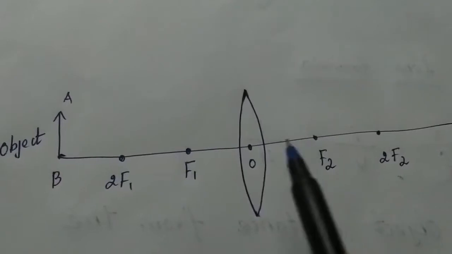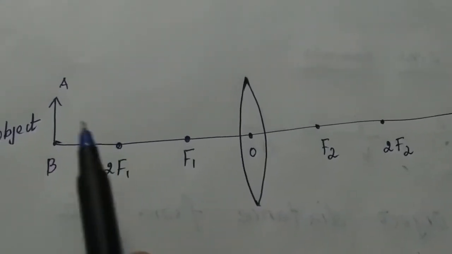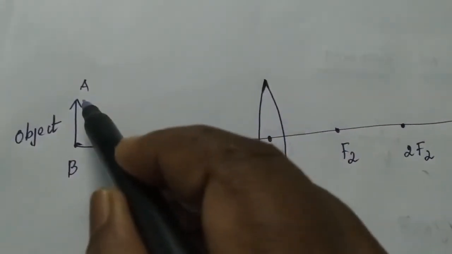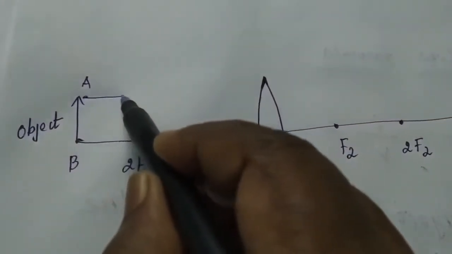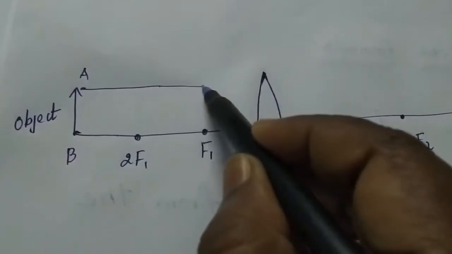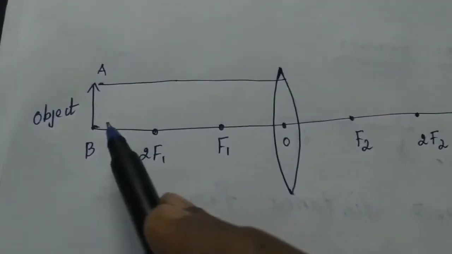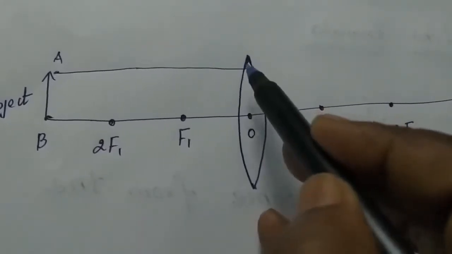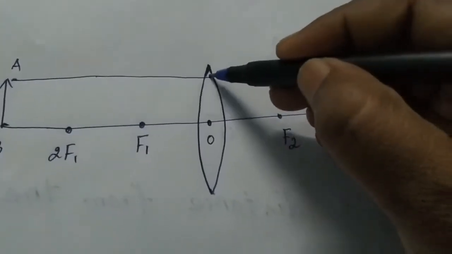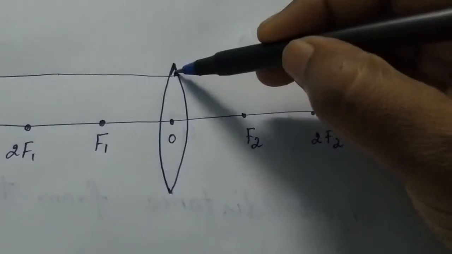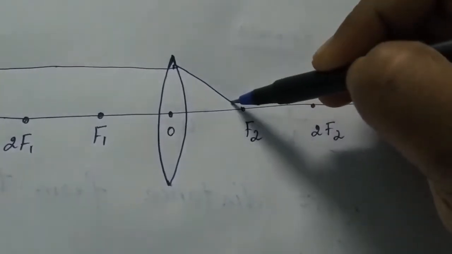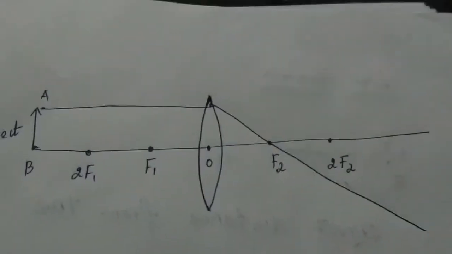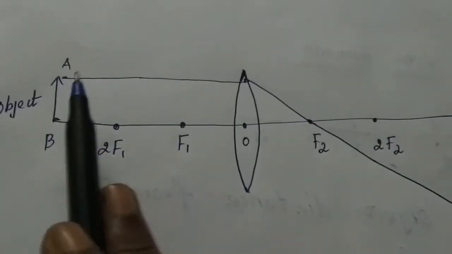For image formation, we need to follow two rules out of three. First rule: a ray which is parallel to the principal axis, after refraction will go through the principal focus. This is the first ray.